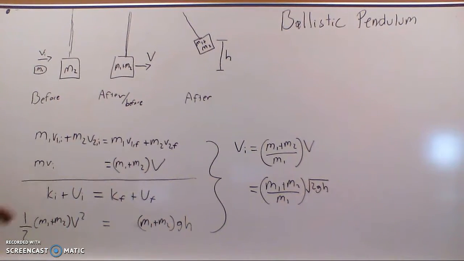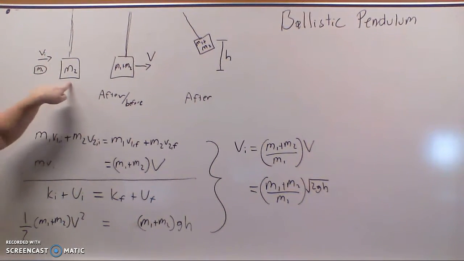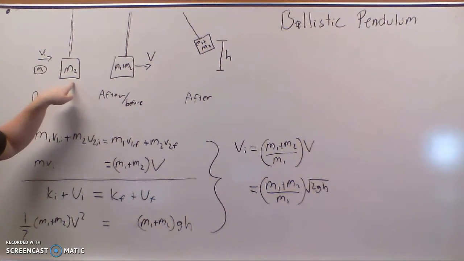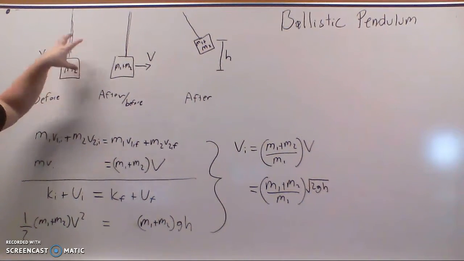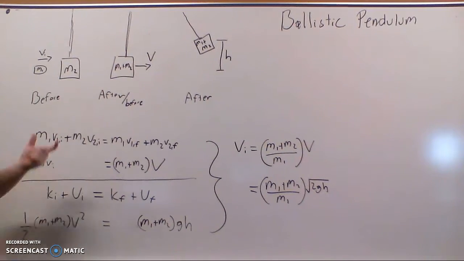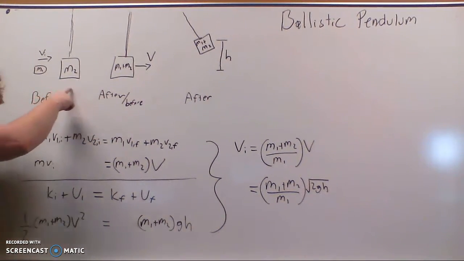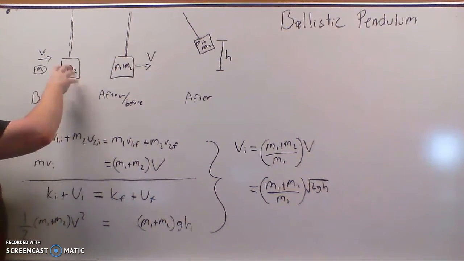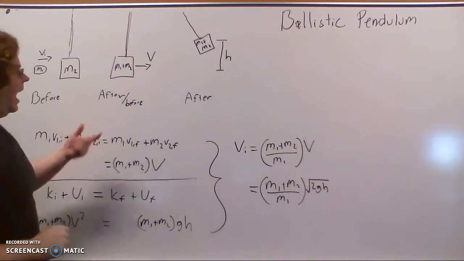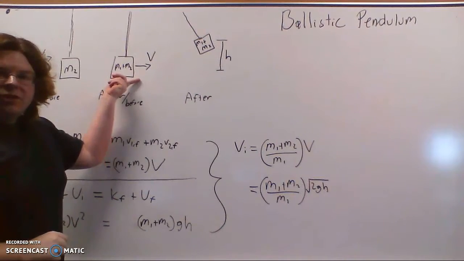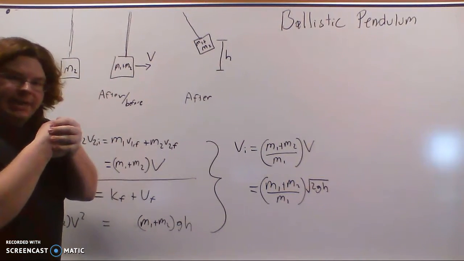Showing that as a diagram, our projectile has some mass and it's moving with some velocity, and it impacts and embeds itself in another piece of mass that's just sitting here hanging. So our first set of before and after situations are just before the bullet puts itself inside of the object that it hits, and just after those things have collided and embedded each other.